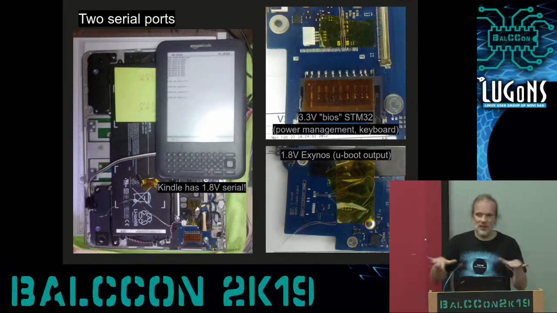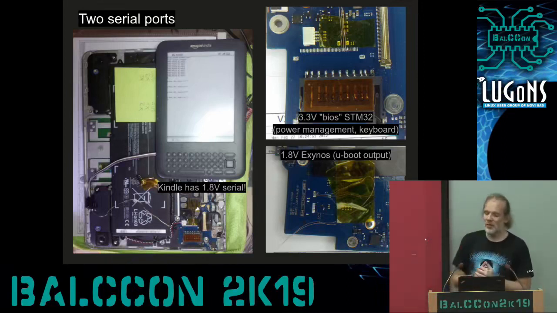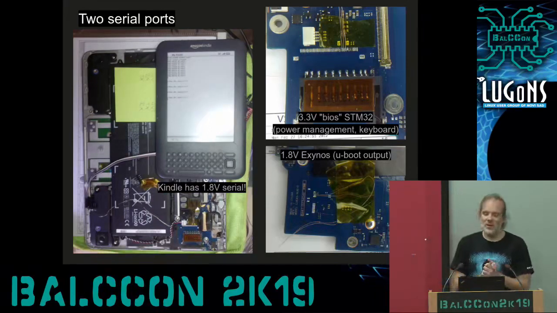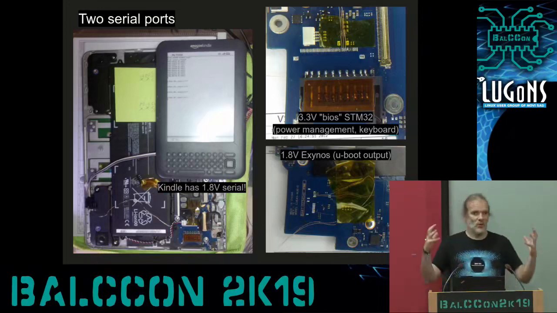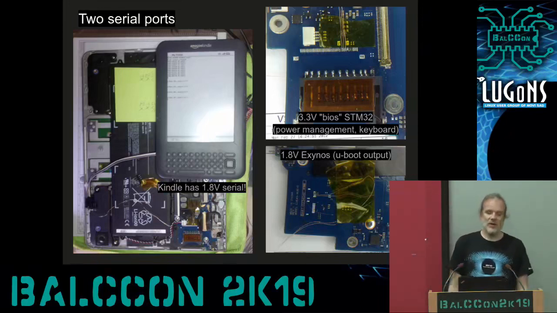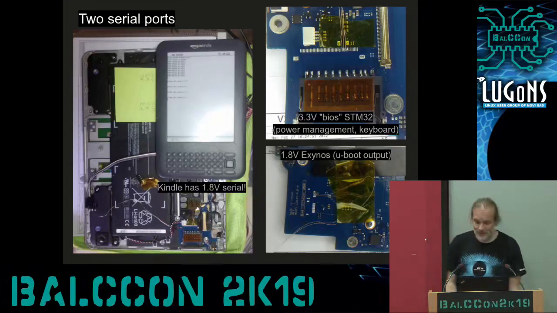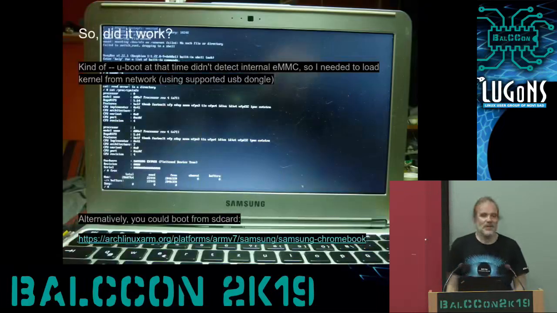It scans the keyboard and does power management. But the serial port which I needed was the application serial port, and since this is a 1.8 volt CPU, it had a 1.8 volt serial port. What can I do? Well, I can use my old Kindle, which also has a 1.8 volt serial port, to get output. Problem solved.